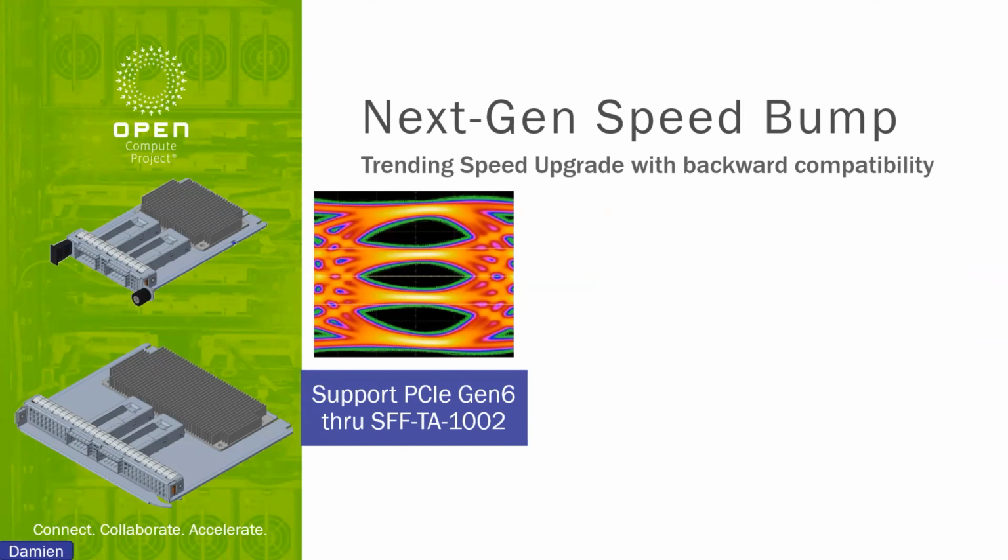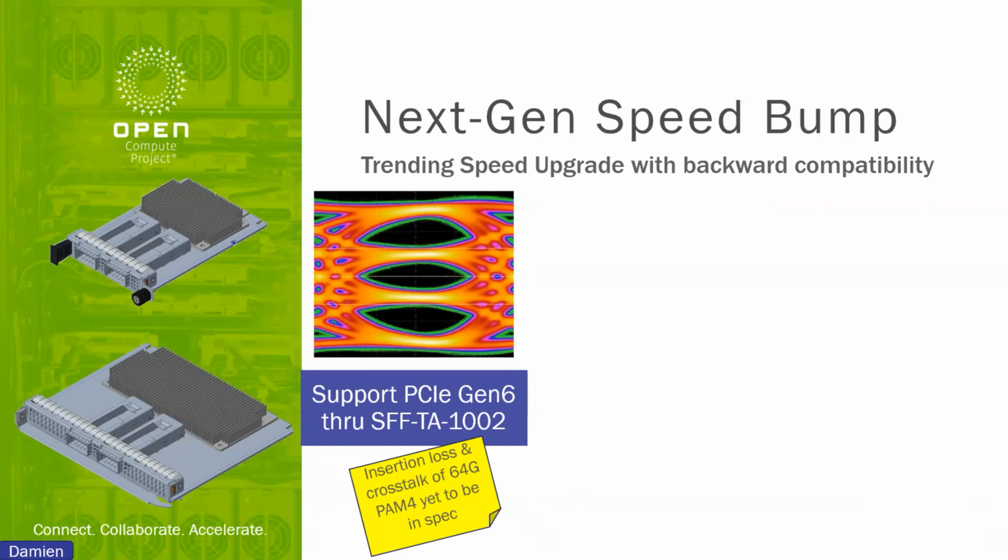PCIe Gen 5 runs on NRZ, and PCIe Gen 6 runs on PAM4, which basically means every UI will transfer 2 bits on Gen 6 as compared to 1 bit on Gen 5. The Nyquist frequency between the two transfers is the same, and the team has looked into it, and it appears that we can continue to support this on the SFF-TA-1002 connector, which is what the OCP NIC 3.0 is based on. However, we do realize a couple of things.